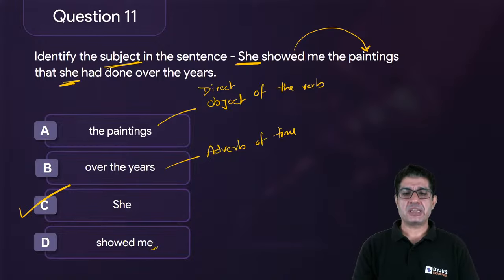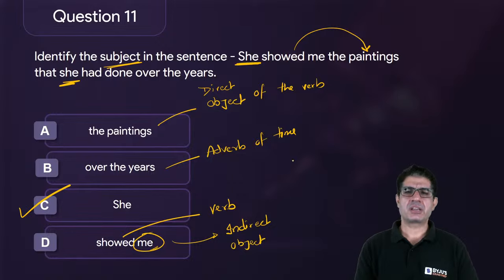And showed me, in this case, show is the verb, whereas here me is the indirect object in this particular verb. If I look at it purely from a part of speech perspective, me is a pronoun. Paintings are basically a noun, so that's the painting. That's how you look at it.